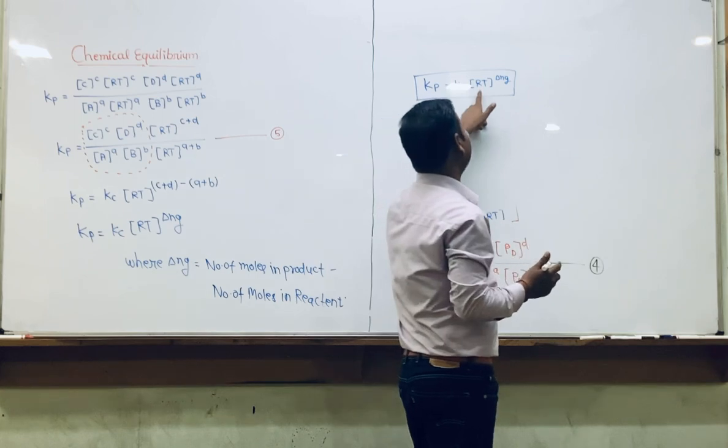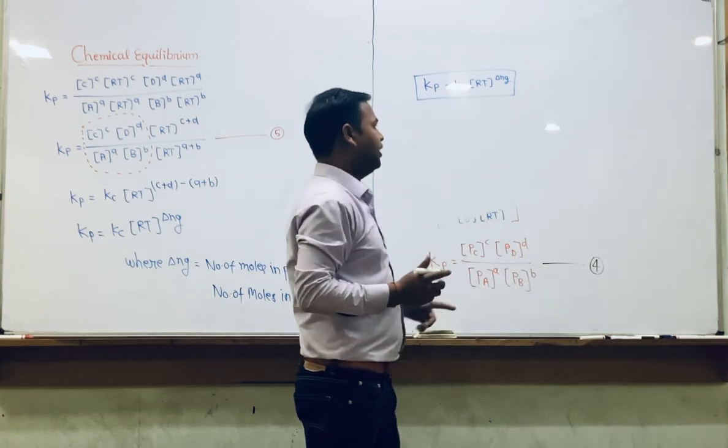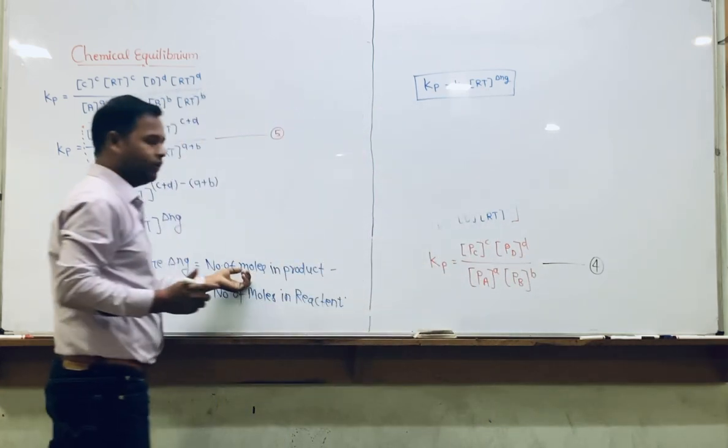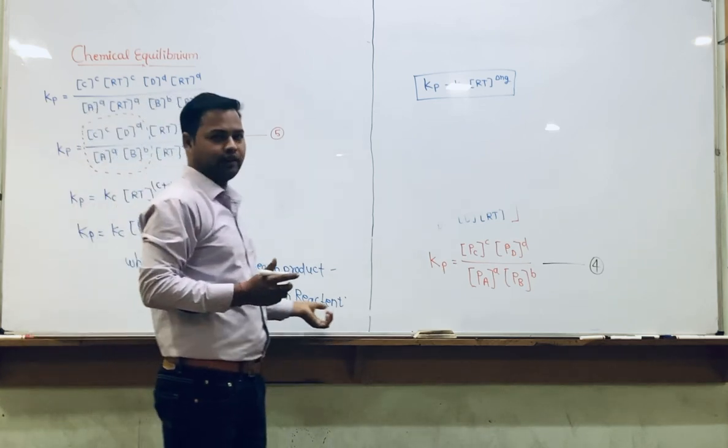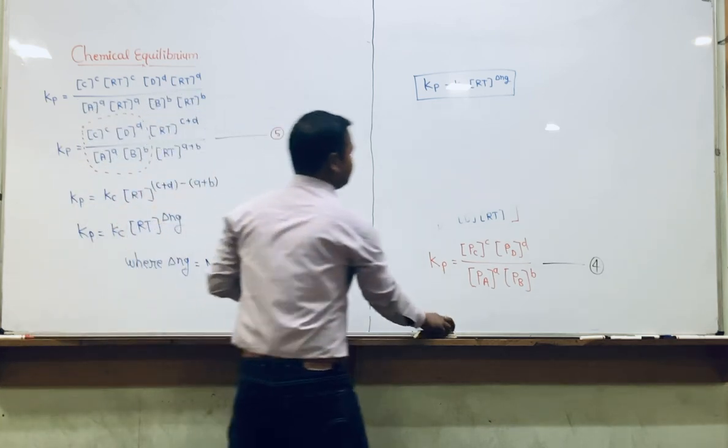R is the gas constant, T is the temperature, and delta Ng is the number of moles in products minus the number of moles in reactants.